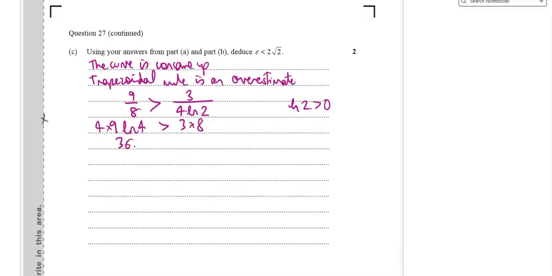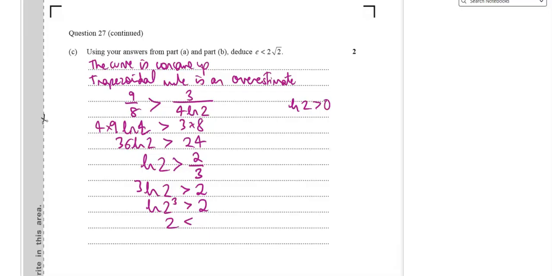So I get 36 ln 2 is greater than 24, or ln 2 is greater than 24 over 36, which is 2/3. 3 ln 2 is greater than 2. Let me push that 3 up here. ln 2 to the 3 is greater than 2. So rewriting the other way around, I get 2 is less than ln 8.